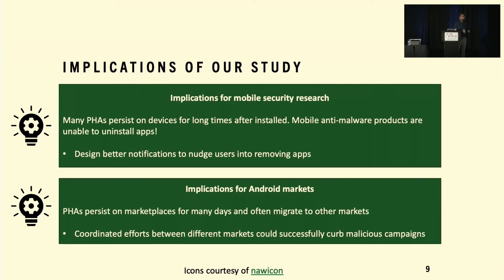And from the marketplace point of view, it looks like marketplaces are not really talking to each other when it comes to malicious apps. So if an app is removed from one marketplace, it then pops up on another one, while sharing this type of intelligence and previous detections could actually help getting rid of these apps, or at least raising the bar for malicious users.